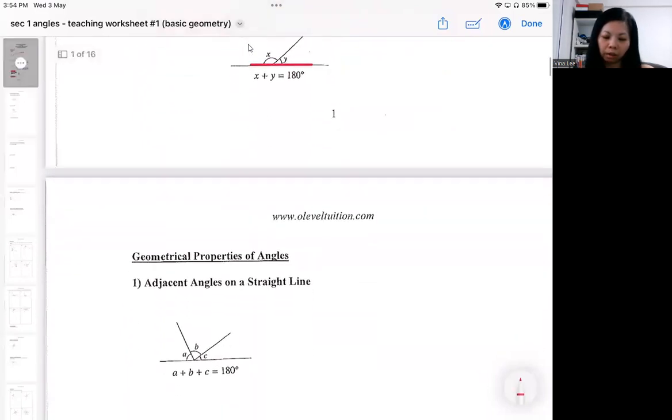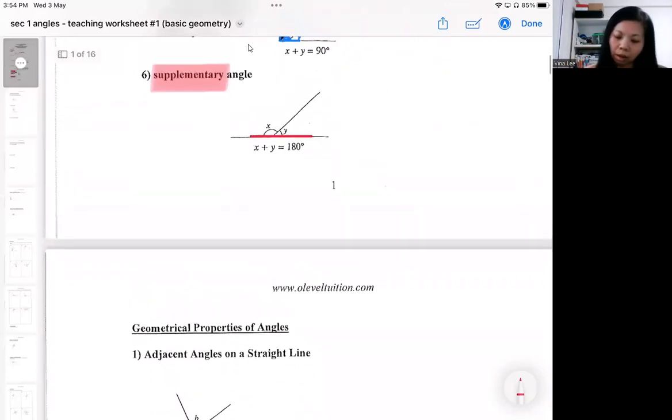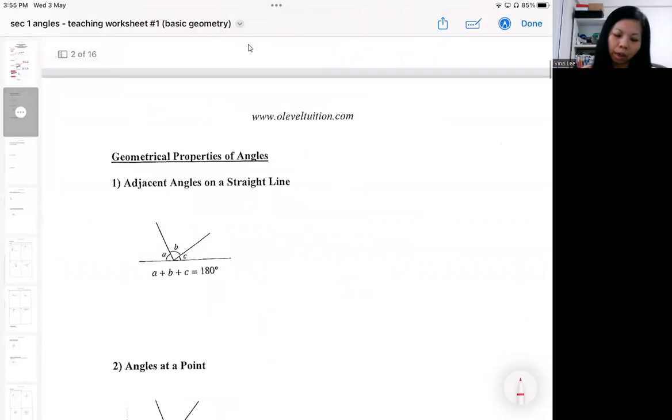So supplementary angle and adjacent angles on a straight line are somewhat similar. It can be two angles that add up to 180, like in this case, because these two angles are sitting on the straight line. Here, we got three angles, and because these three angles are on a straight line, they are equal to 180 degrees.